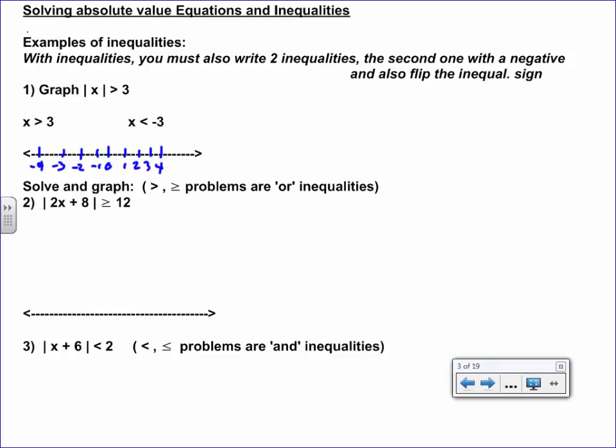Okay, to graph this, x is greater than 3, or x is less than negative 3.